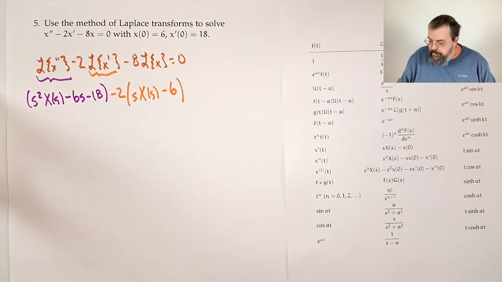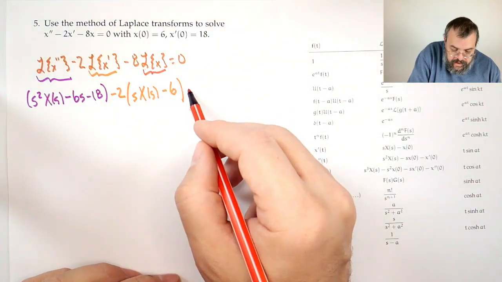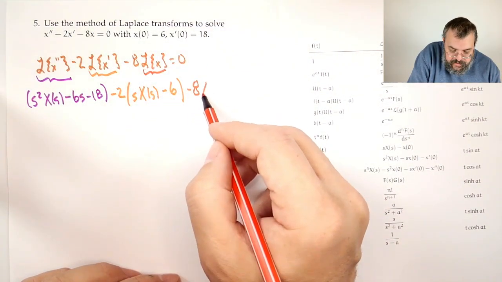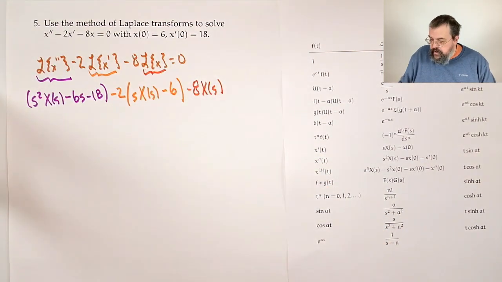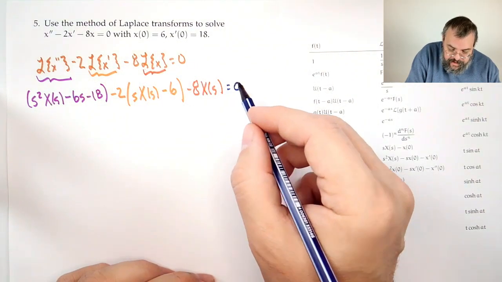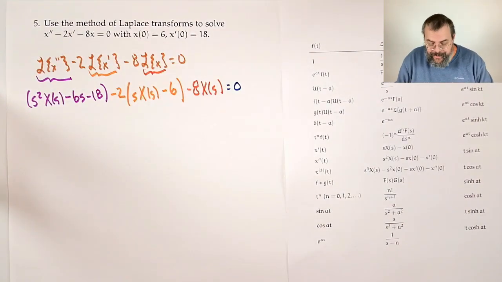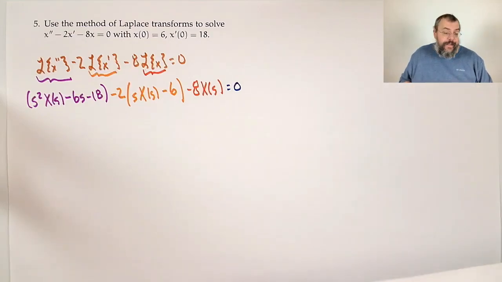And finishing up, well, we have the part here that we don't even have to think about. That's just the transform of x. And all of this equals 0. We didn't write down the Laplace transform of 0, but the Laplace transform of 0 is 0. Okay, great. We will come back to our table if we need it again.